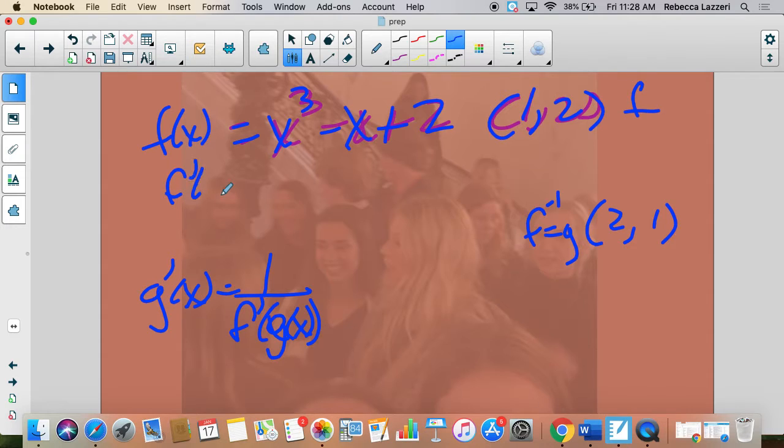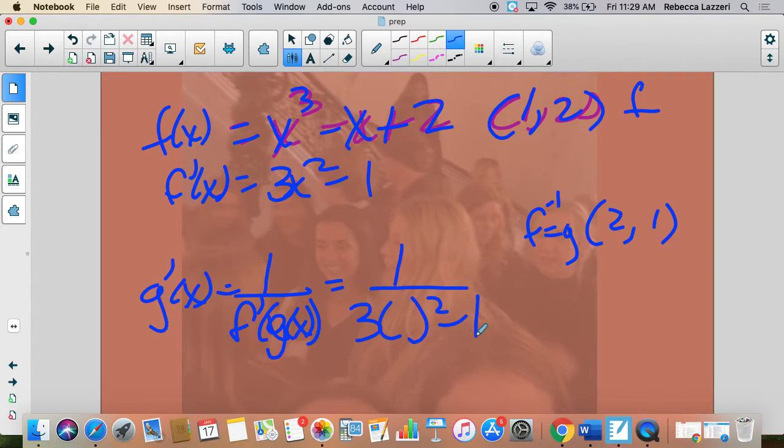And so f prime of x is 3x squared minus 1. So I'm going to say 1 over 3x squared minus 1. Now I have to be super careful. This is 1 over the derivative of the original, so you never have to find the inverse.